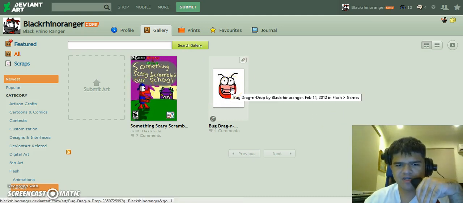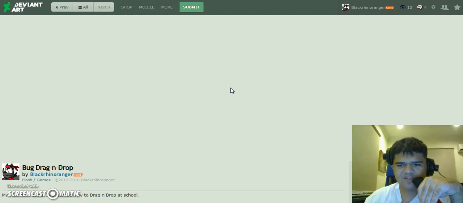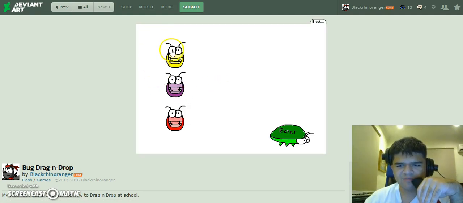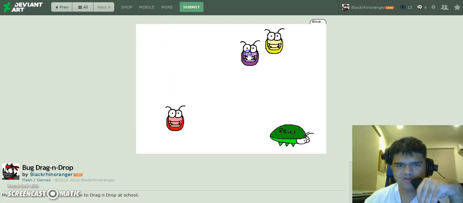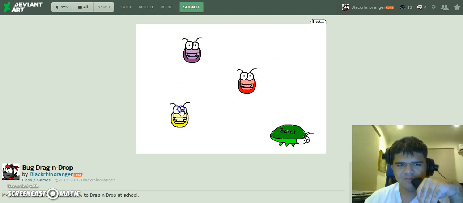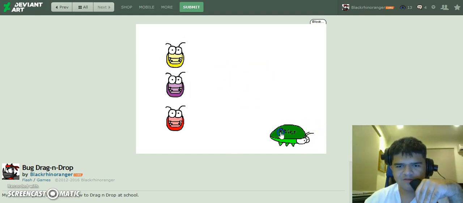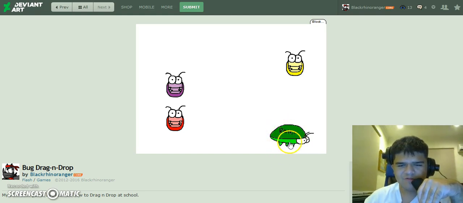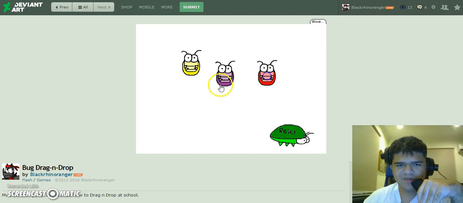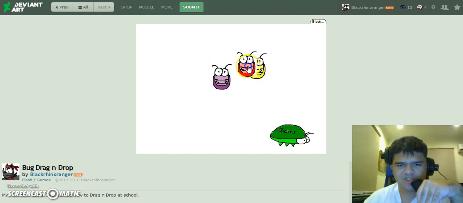Let's go with Bug, Drag and Drop first. It's very simple, nothing really complex. All you gotta do is keep dragging the bugs around. Oh, and by the way, the backgrounds are not transparent. I'm sorry. You can always reset it by clicking on the green bug, and the red, yellow, and purple bug. You can rearrange them in any way, shape, or form.